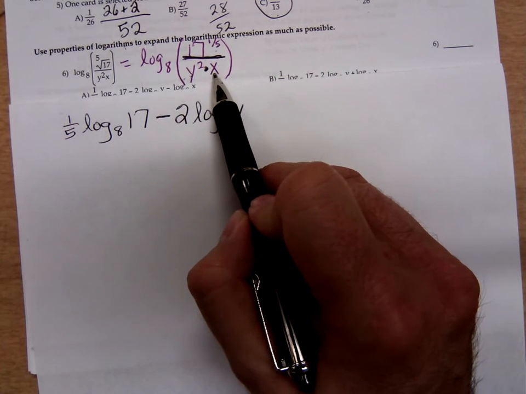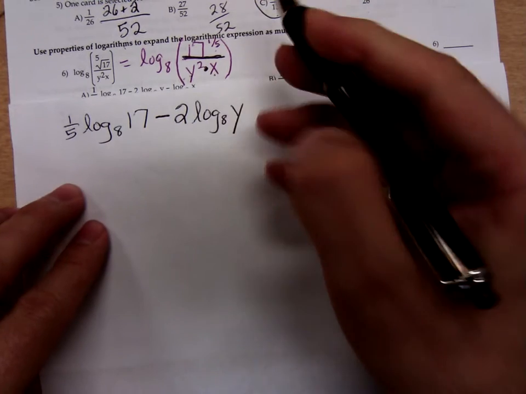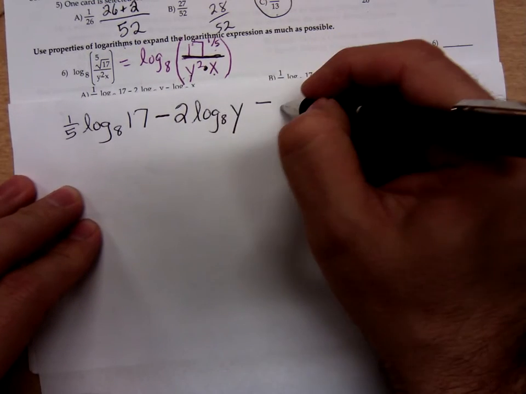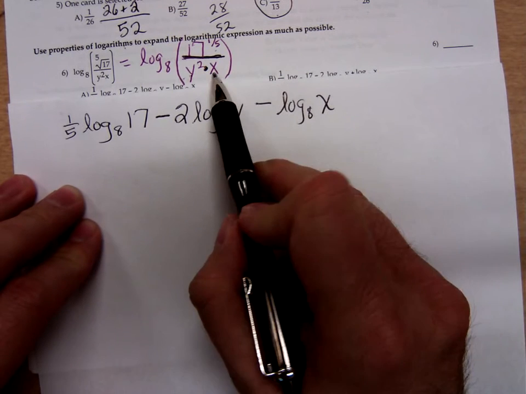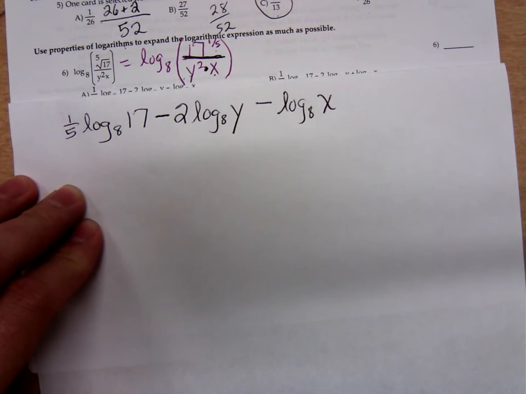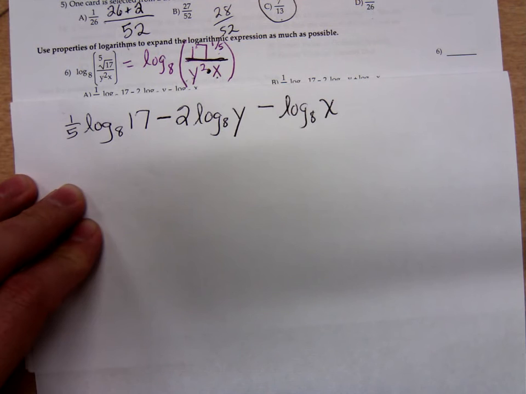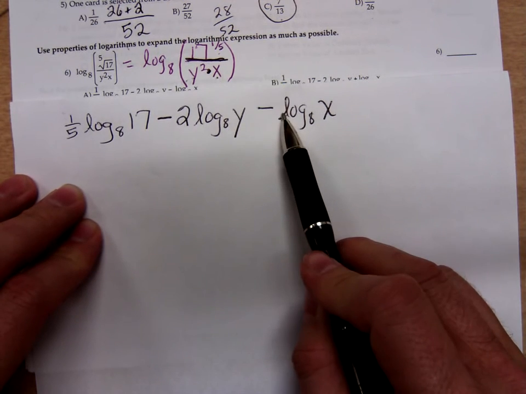And then for the x, that's another minus because it's on the bottom, log base 8 of x. There wasn't an exponent on the x, so I didn't put a number in front of the log.